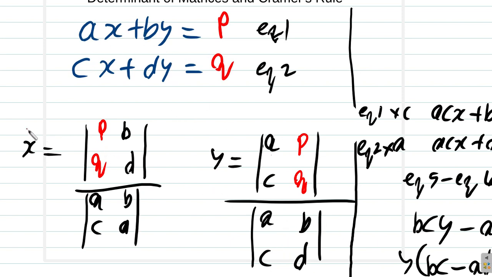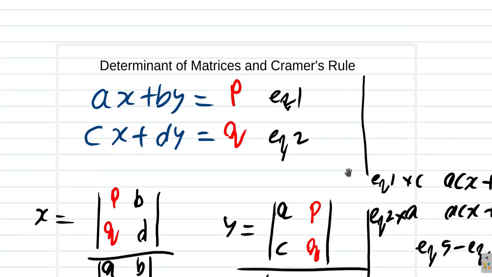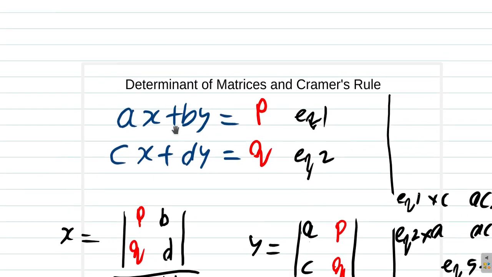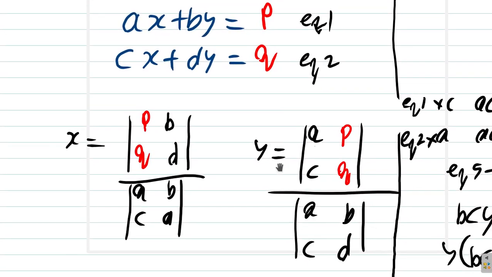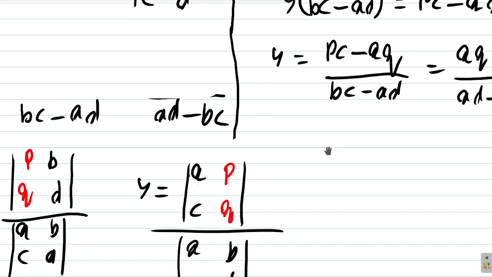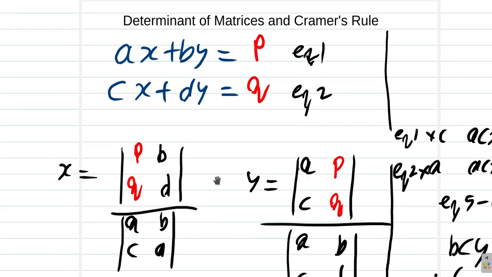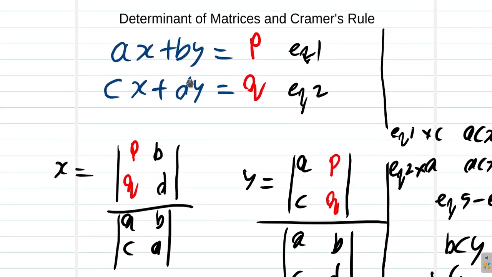So that's how Cramer's rule comes about, using the general equations. And we see the very important ad minus bc, which is called the determinant of a, b, c, d.